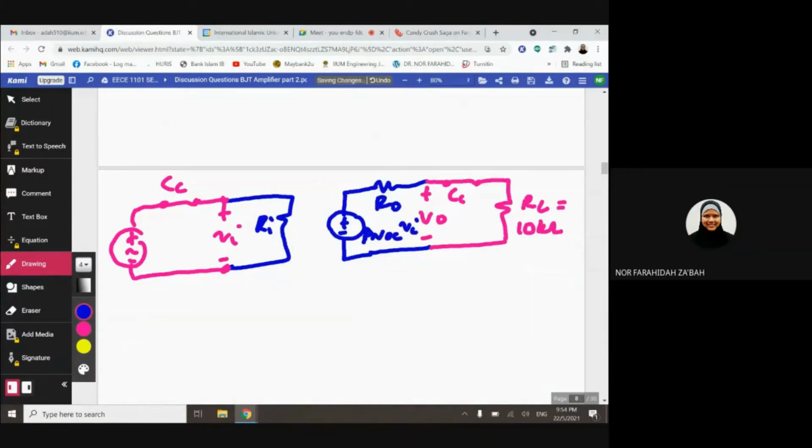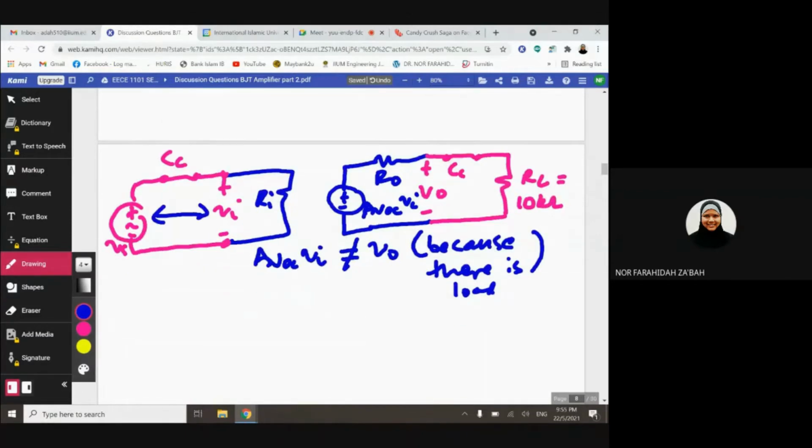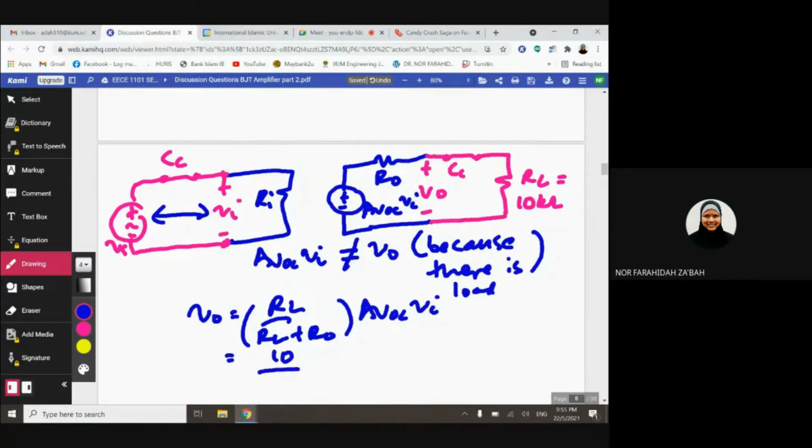So this time, AVOC Vi is not equivalent to V out because there is load. So V out is equivalent to, we have to use voltage divider, RL over RL plus R out, multiplied with AVOC Vi. So you have 10 over 10 plus R naught.